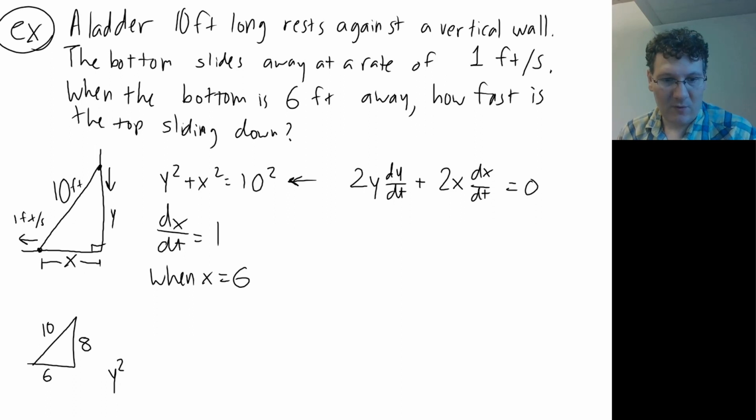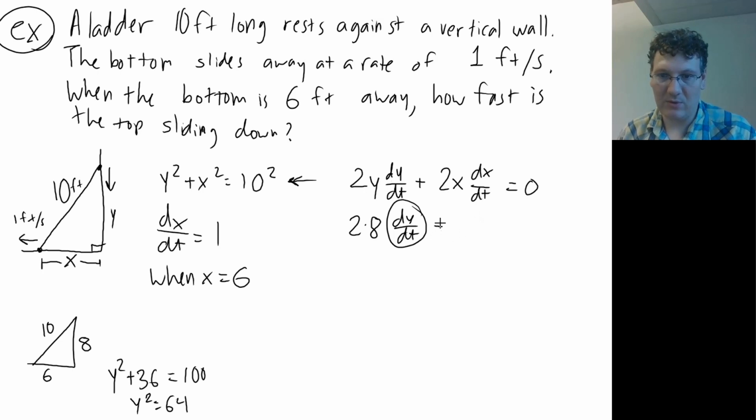Because if you solve y squared plus 36, that's 6 squared, equals 100, y squared is 64. It's 8. So we have 2 times 8 times dy/dt, which is what we're trying to find. We don't know that. Plus 2 times 6 times 1 equals 0.